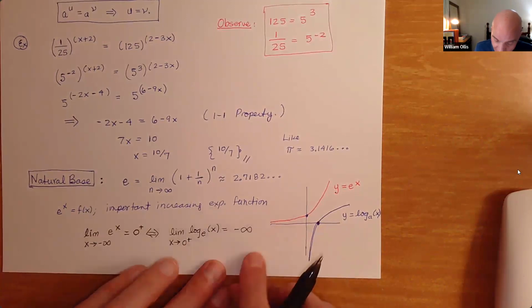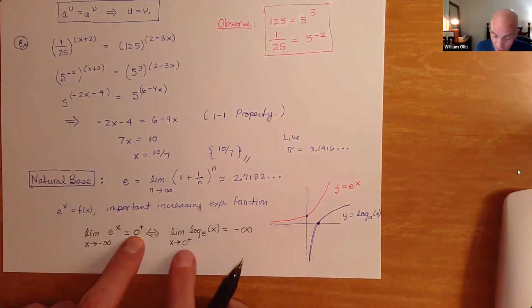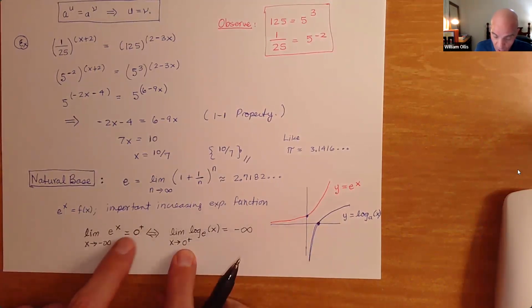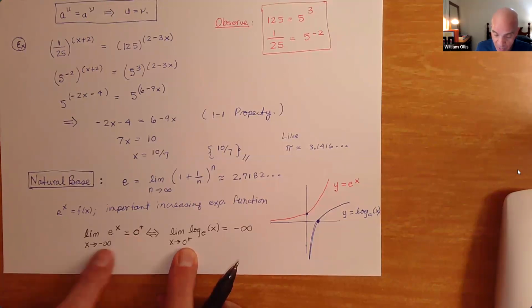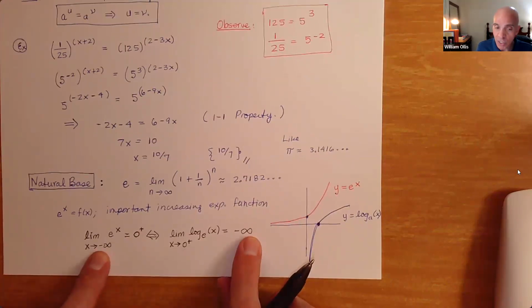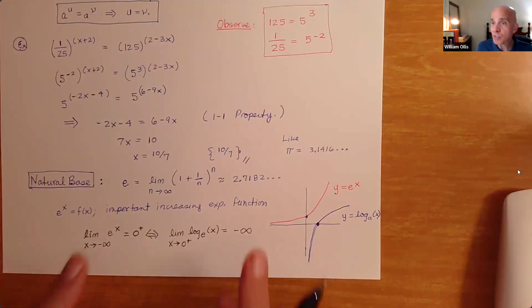So what we're seeing is that the results just interchange. Here, x is approaching 0 from the right. Here, e to the x is approaching 0 from above. We just see that the zeros and the negative infinities just interchange. So that's the luxury that we get with inverse functions, and it's very useful and very helpful.